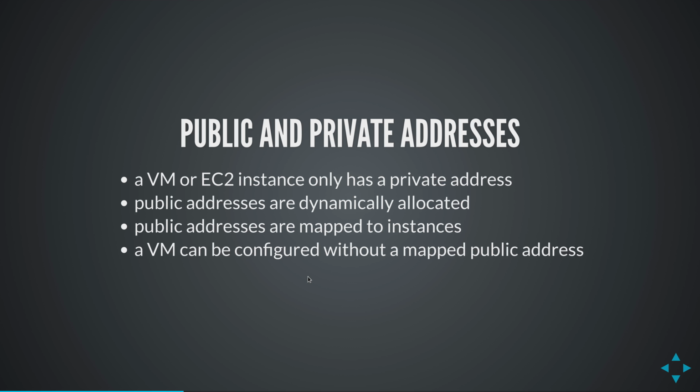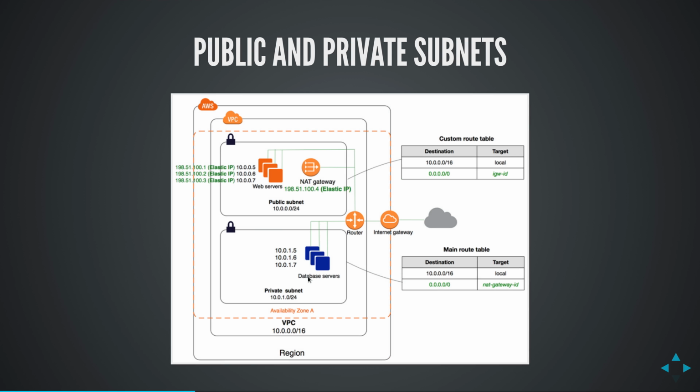We'll see that later in the next diagram, where we have two subnets, where one subnet is what they call a public subnet with instances, web services in this case, that each have an elastic IP address mapped to it, and database servers, which are backend servers that have no need for a direct connection from the internet, and they live in a private subnet.